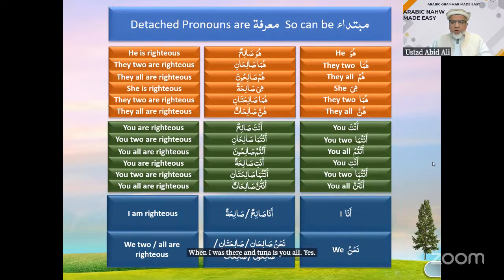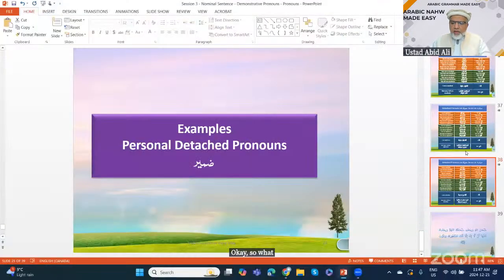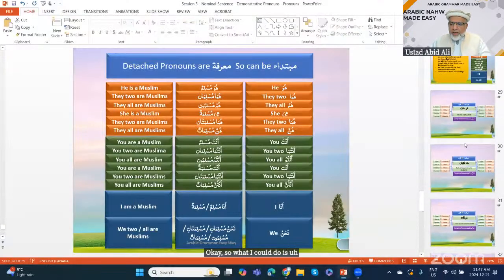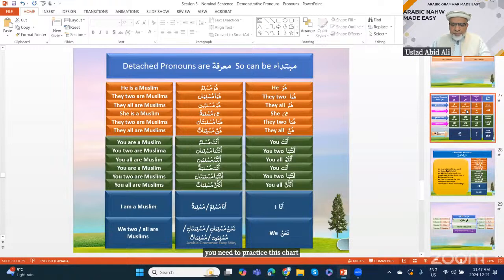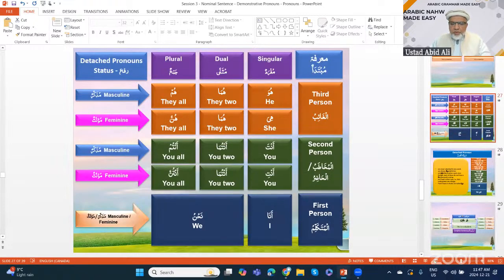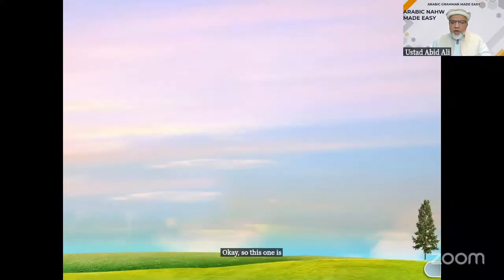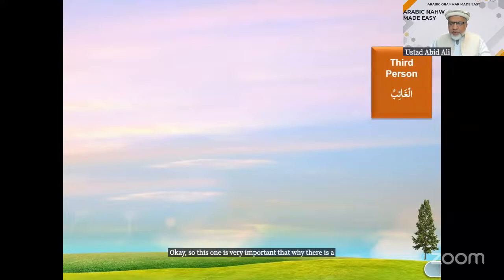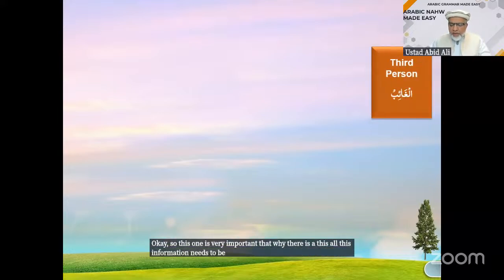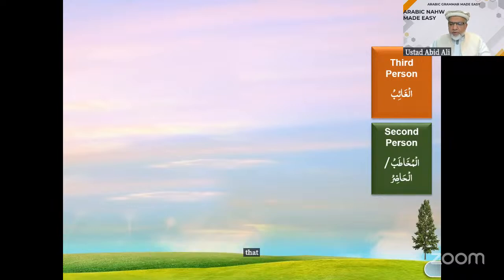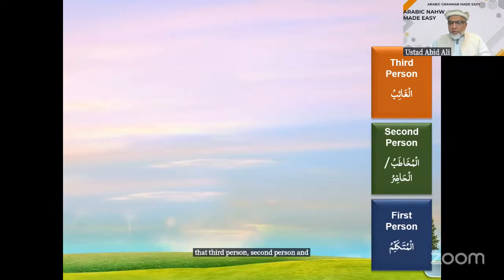Okay. So what I could do is, you need to practice this chart. This one is very important, so all this information needs to be collected in your brain: third person, second person, and first person. Pay attention to this chart again, because now you may look at it in a different way. Third, second, first person is very important to know which one I'm dealing with.